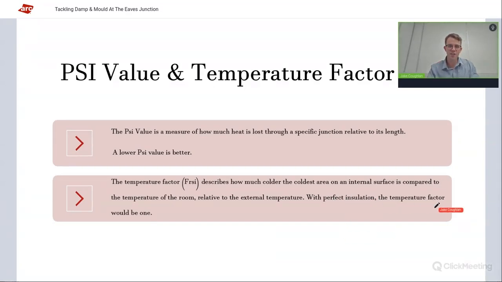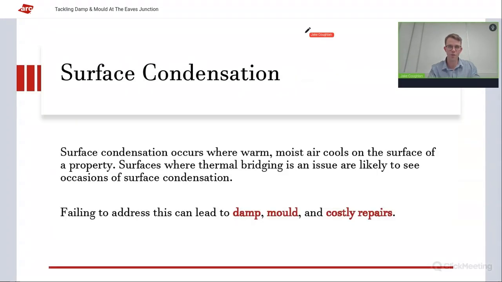With perfect insulation, the temperature factor would be 1, because the surface would be as hot as the inside. So those are good ways to summarize the point of a thermal bridge and how well it performs. In terms of the temperature factor, we're looking for something in the realm of 0.7 to 0.8. I think 0.75 is really what people go for, but in the literature there are a few different thoughts around that.